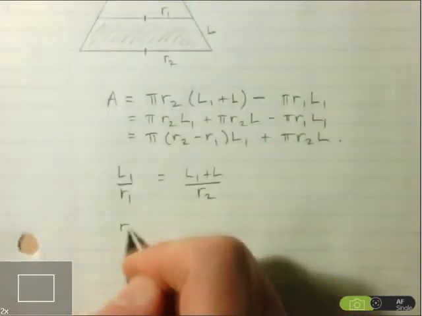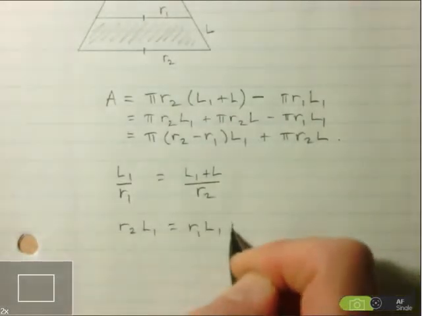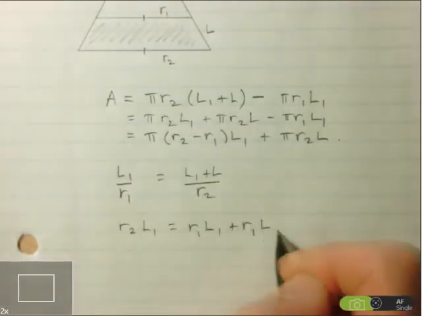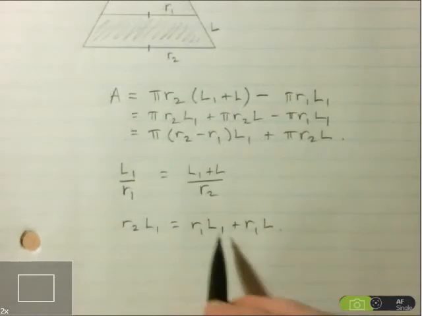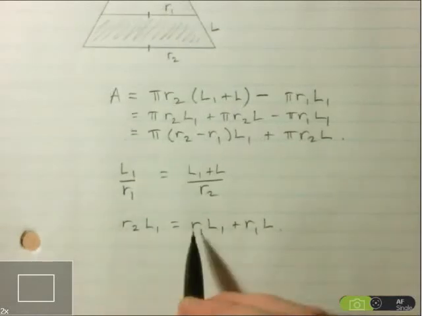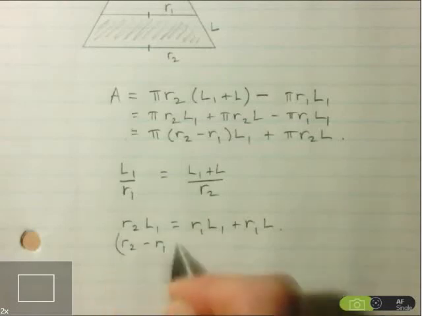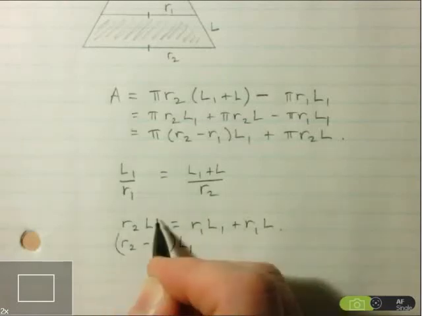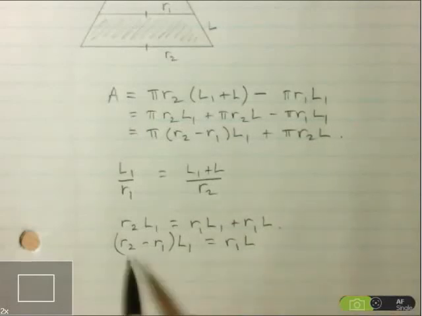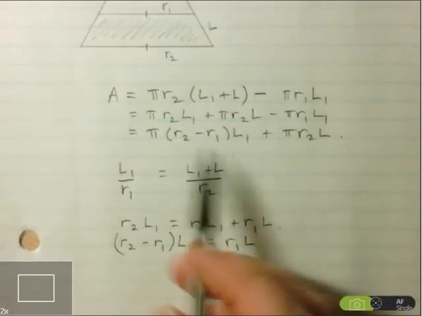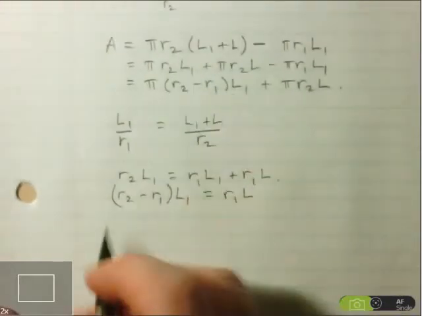We've got R2 L1 equals R1 L1 plus R1 L. Now let's again take everything in terms of L1. So we've got R2 minus R1 times L1, by bringing that to the other side, equals R1 L. And we notice that this expression here is exactly the expression that we have in our area formula. So let's insert that in there.